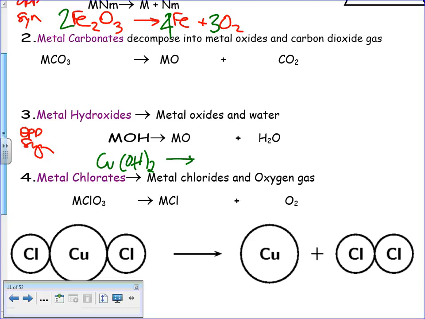Copper 2 oxide, because you told me this was copper 2. And so remembering that's copper 2, when you write it again, you write copper 2 plus, oxygen 2 minus, so crisscross, what do you get? CuO, because the 2's cancel. So that's copper 2 oxide and water.